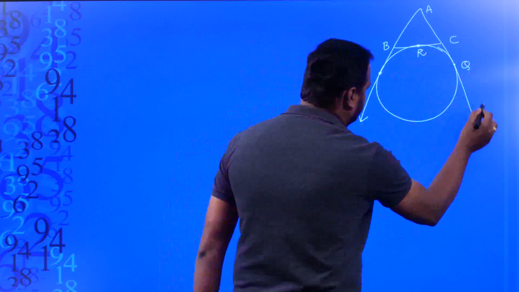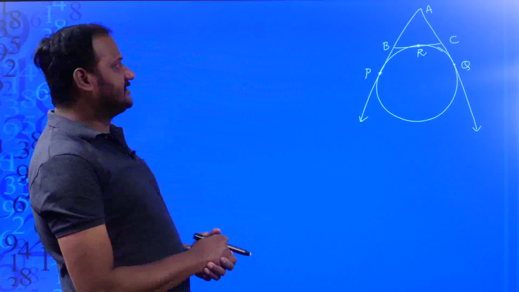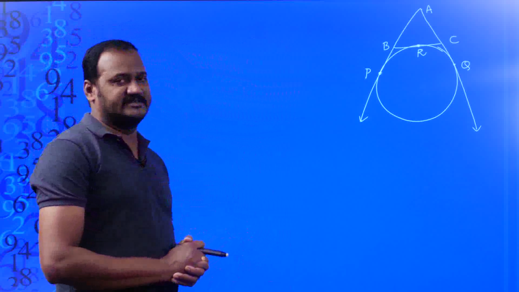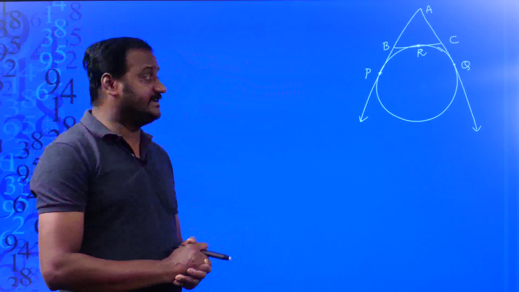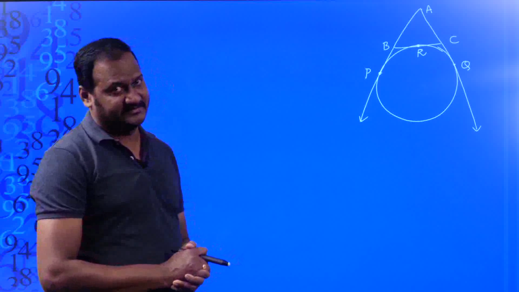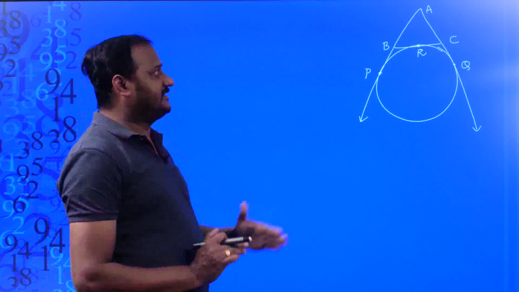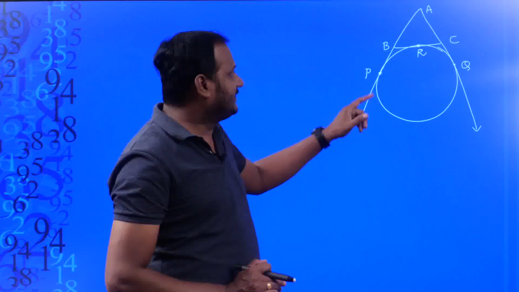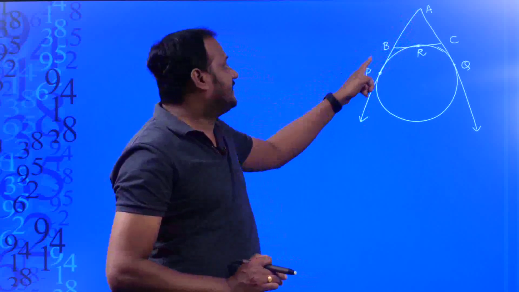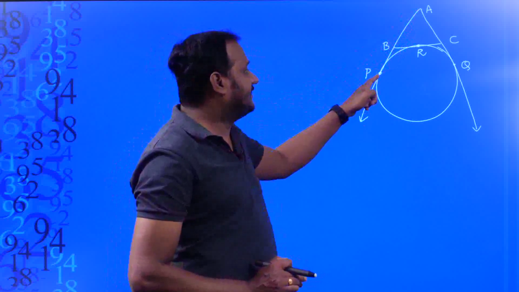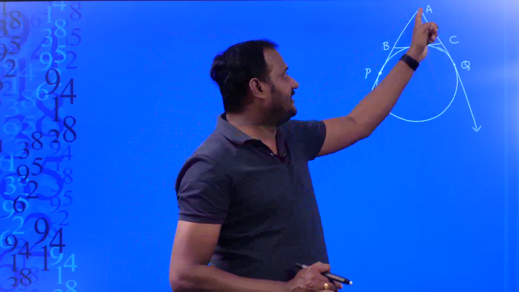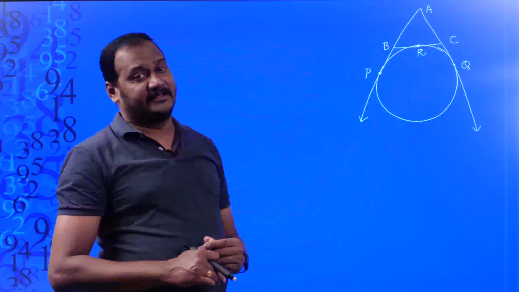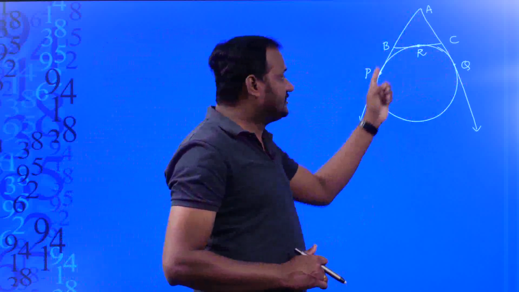And what are we going to prove in this statement? See, in this statement, ABC is a triangle, and one of the sides of ABC, that is BC, is tangent to the circle, and the sides AB and AC are produced or extended. Then the side extended touches the circle at a point P, as well as when you produce the side AC of triangle ABC up to Q, then that AQ would also be the tangent to the circle.